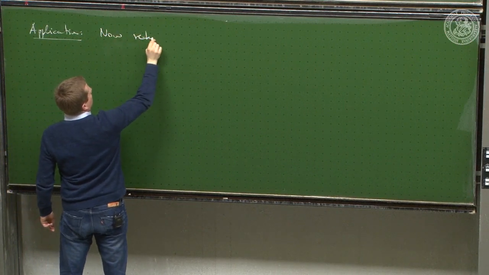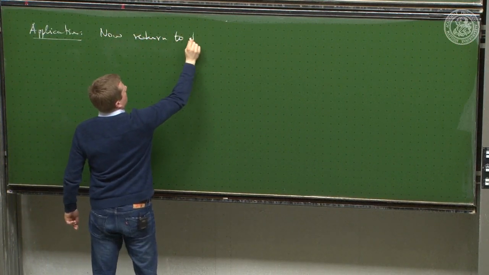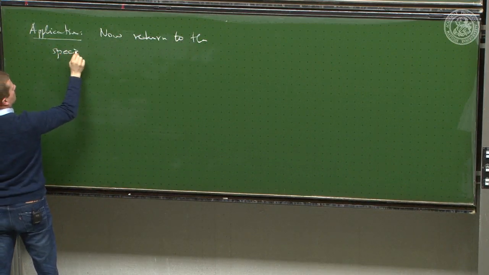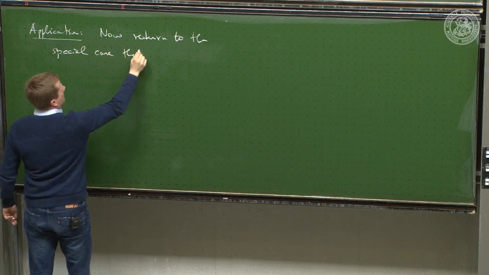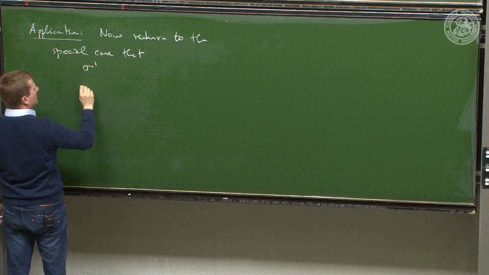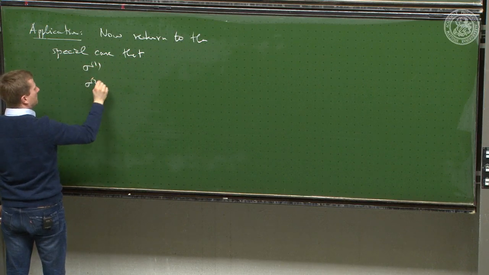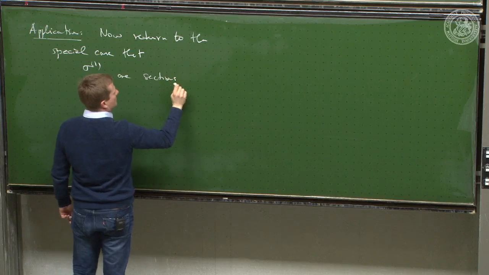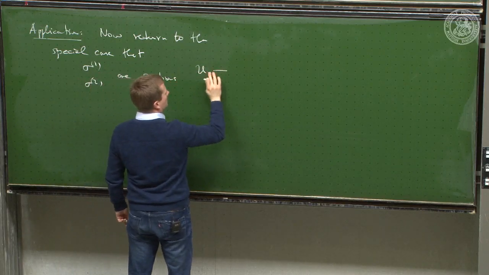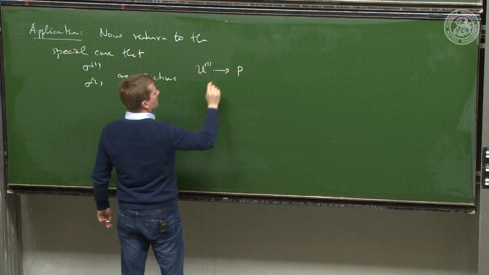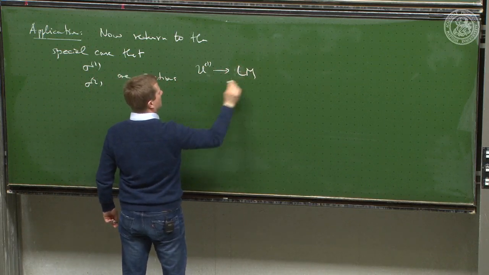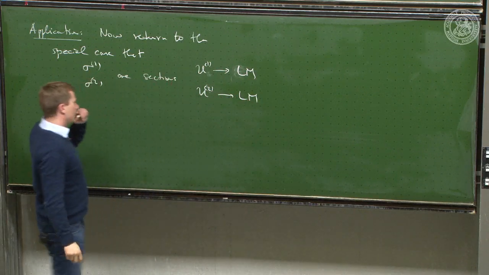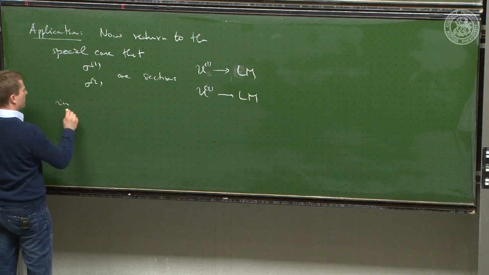Now return to the special case that sigma 1 and sigma 2 are sections from U1 to P, to LM, the frame bundle, and U2 to the frame bundle, induced by choices of coordinates.